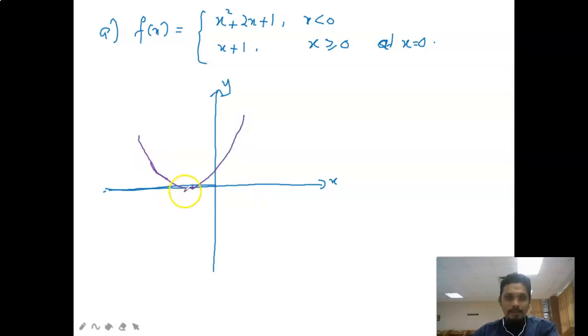Okay, there you go. The graph touches at the point x equal to negative 1 here, right? Okay, now, this is the graph of x squared plus 2x plus 1.